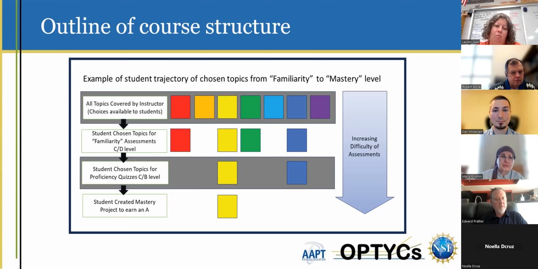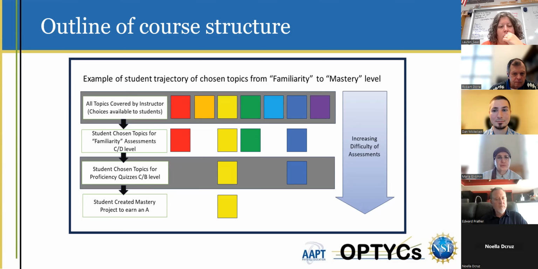Okay. Then the students chose topics that they were going to be proficient in. And these exams were more written type things, analysis, explanation, much more in-depth questions, virtually no multiple choice and almost all written and analysis questions.